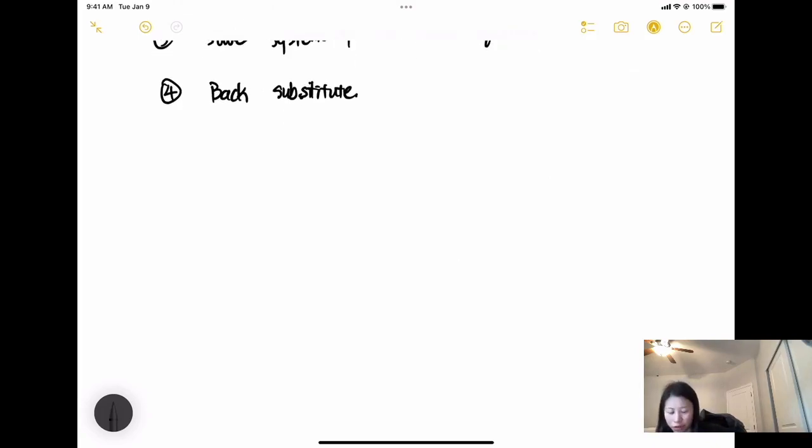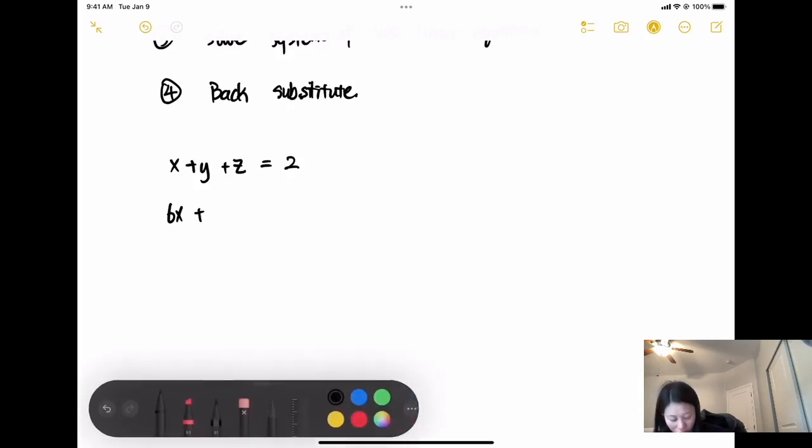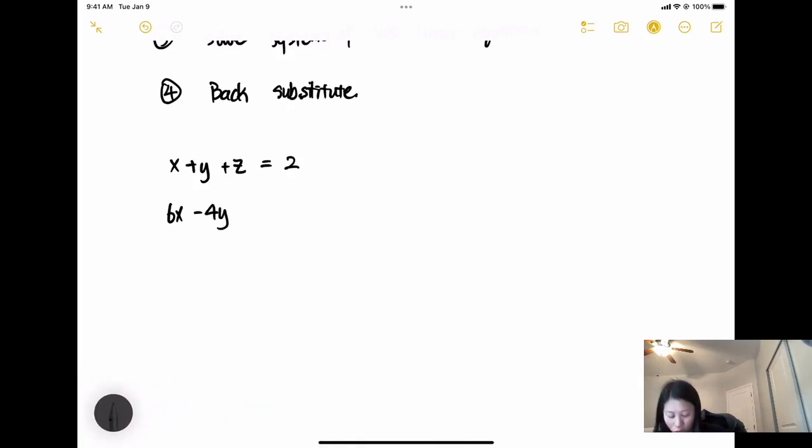So if I have x plus y plus z equals 2, 6x minus 4y plus 5z equals 31, and then 5x plus 2y plus 2z equals 13.